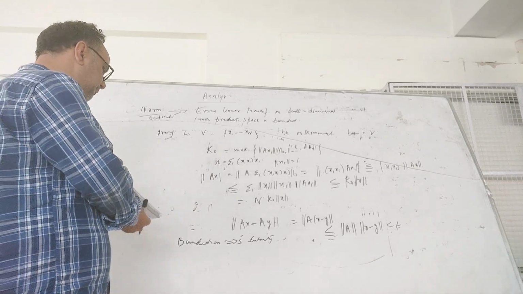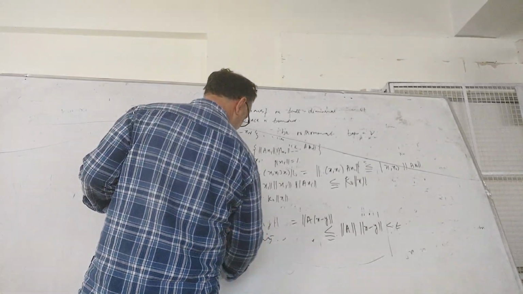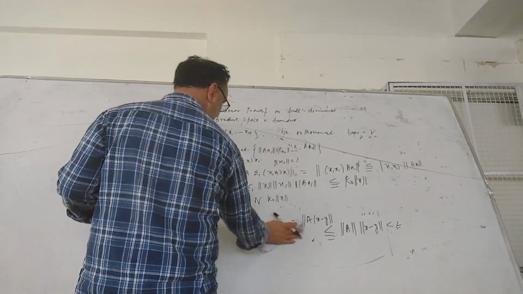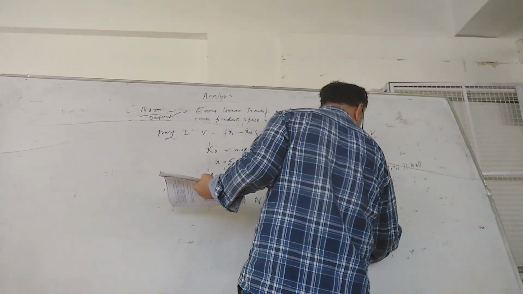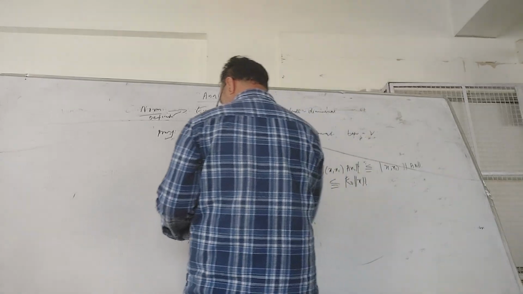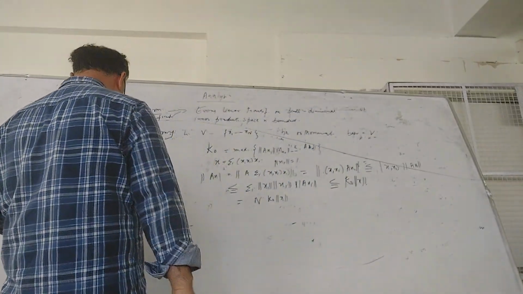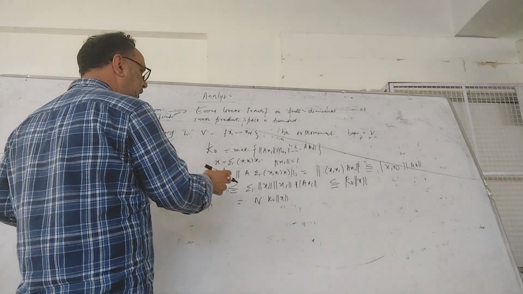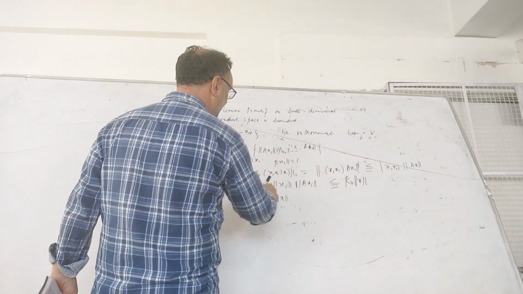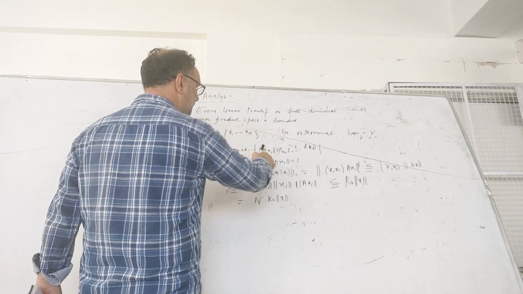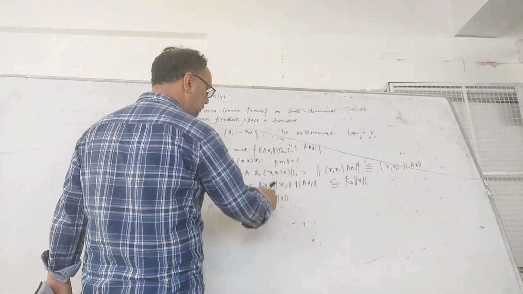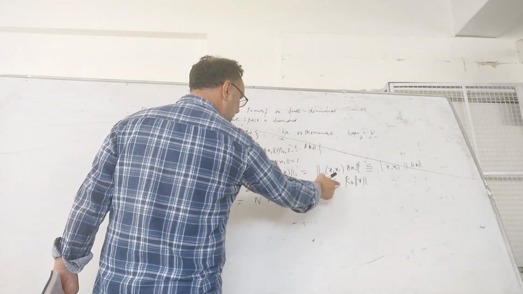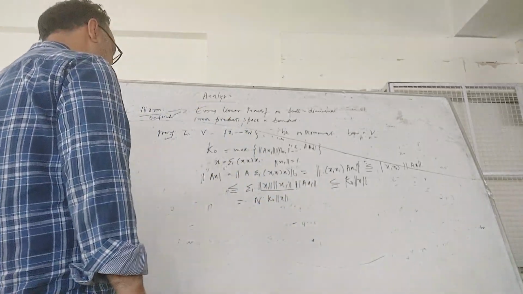In other words, K we have defined here as this, so you can reduce this as this from this.